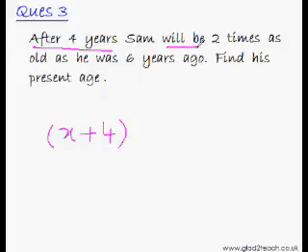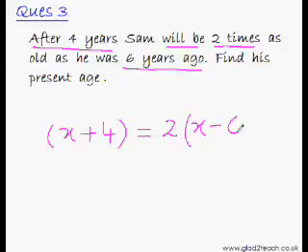Sam will be 2 times as old as he was 6 years ago. 6 years ago means minus 6, as we are going back in the past. So with that, we have translated English into mathematics. So now just find the value of x and you would know his present age.